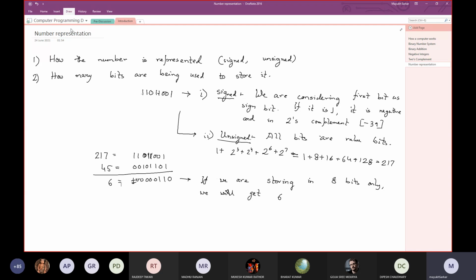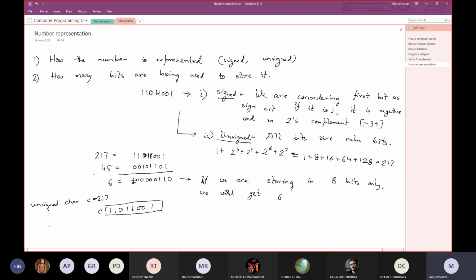So see, let me write it here. I initially took a variable c in the memory. I stored 217 in unsigned pattern. For now remember character takes 8 bits. When I wrote unsigned char c = 217, it stored that 1101 1001 in the memory.